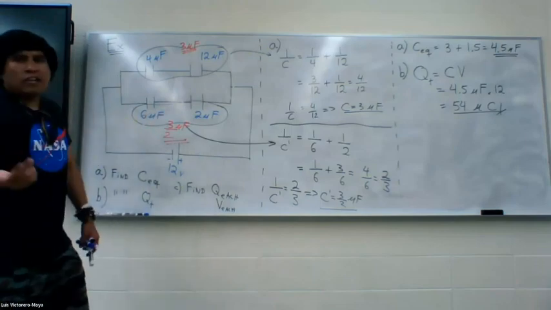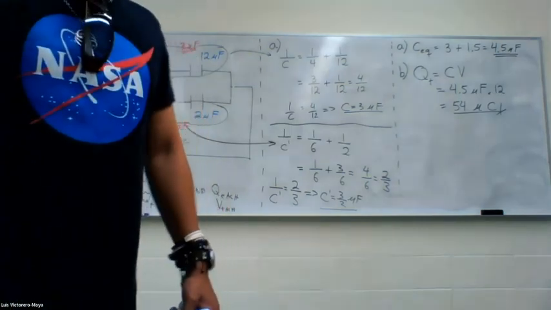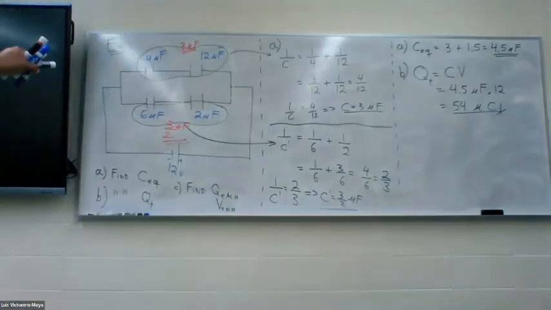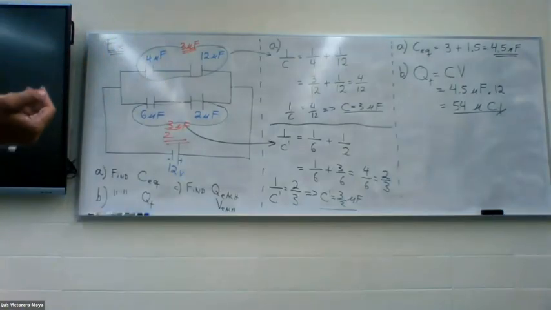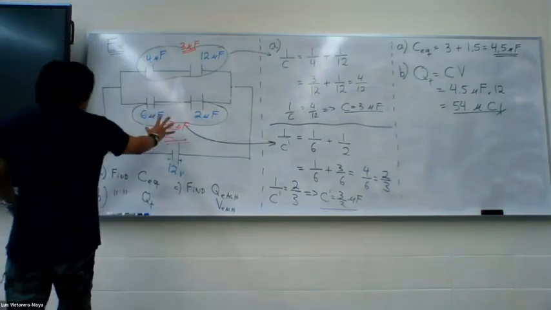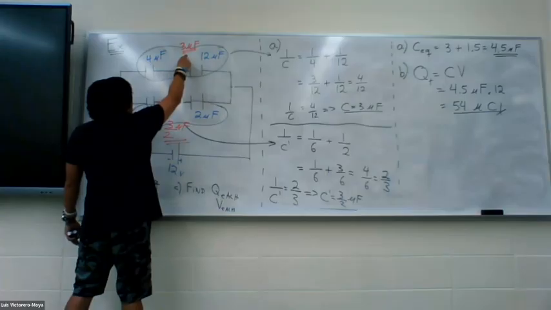But let's take advantage of what we know about voltage. Since 3 and 1.5 are in parallel, they have the same voltage. So let's forget about this for now and focus on this. The voltage on 3 is 12 volts.